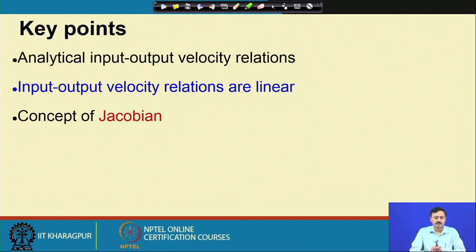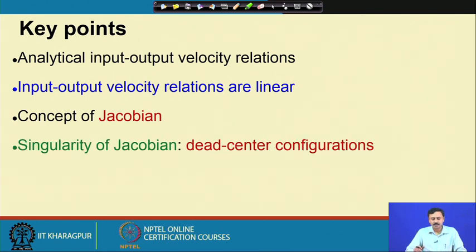We have found the expression of Jacobian following the analytical approach, and compared it with the Jacobian obtained from the method of ICs or instantaneous center of rotation. And we have also discussed the singularity of the Jacobian and the corresponding dead center configurations.